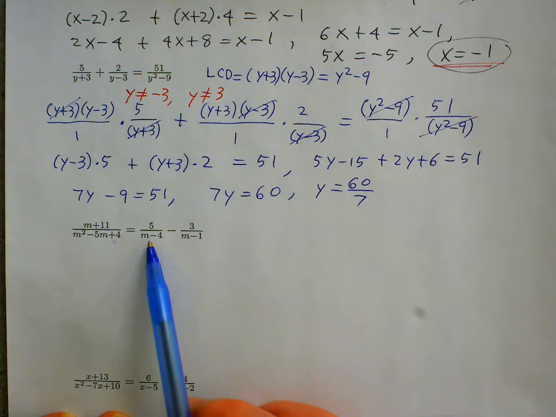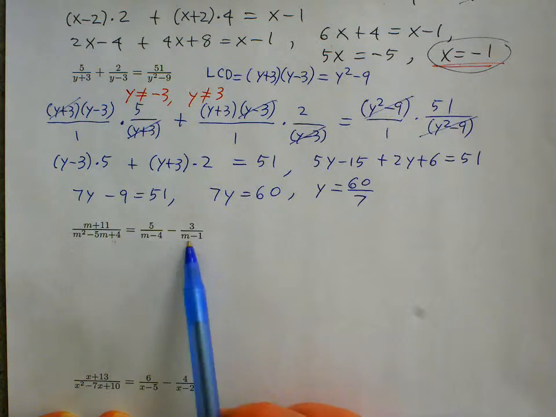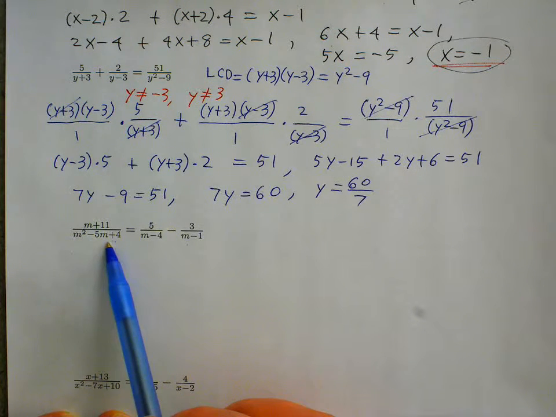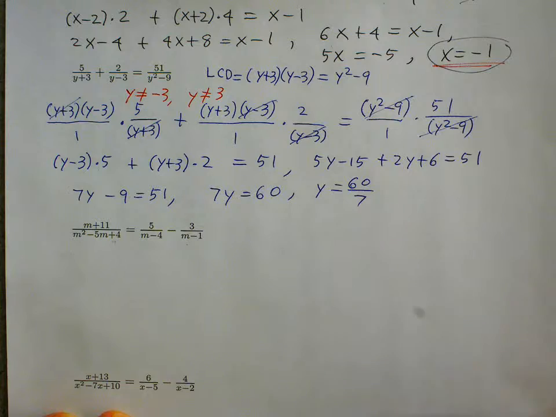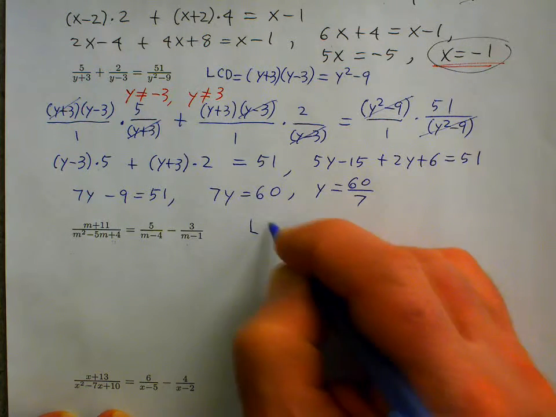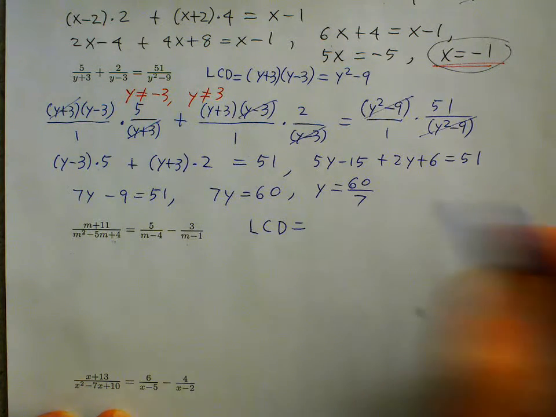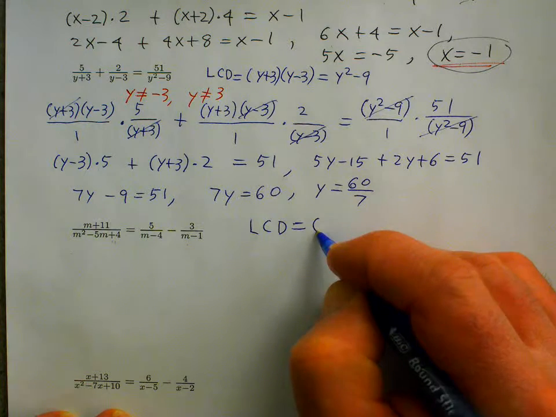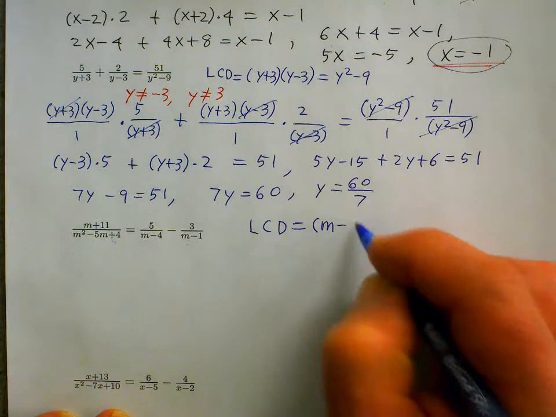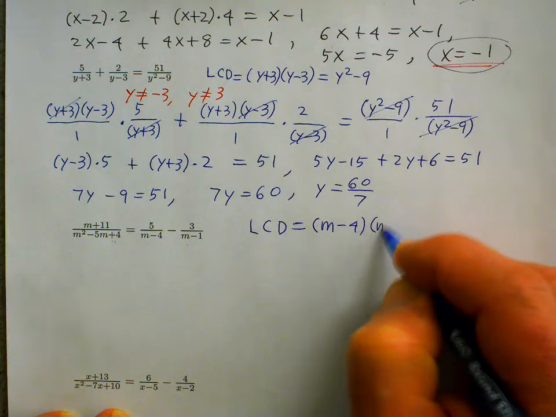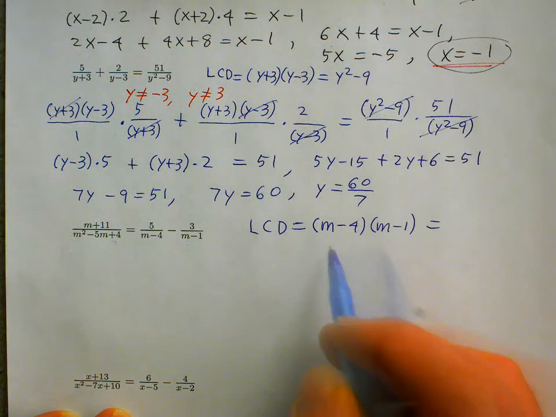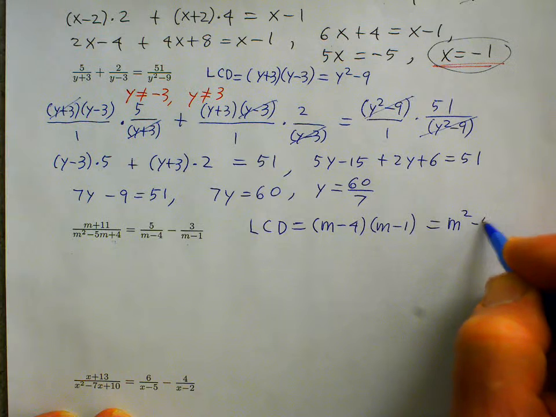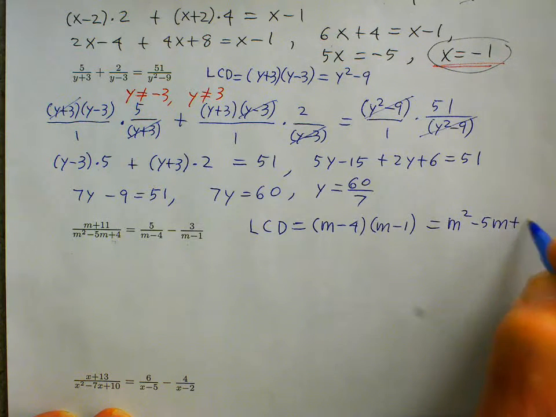Well, if you multiply m minus 4 times m minus 1, you get m to the second minus 5m plus 4. So the least common denominator, or the least common multiple of the denominators, is just m minus 4 times m minus 1. In expanded form, it's m to the second minus 5m plus 4.